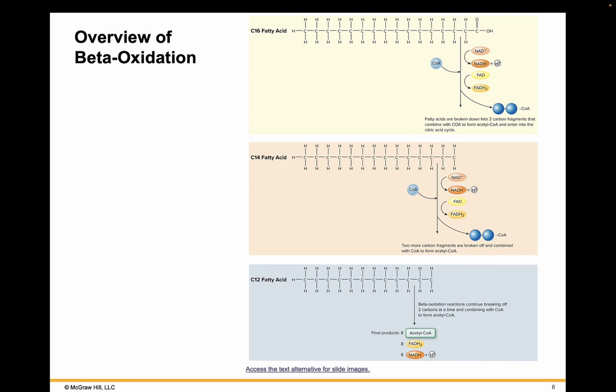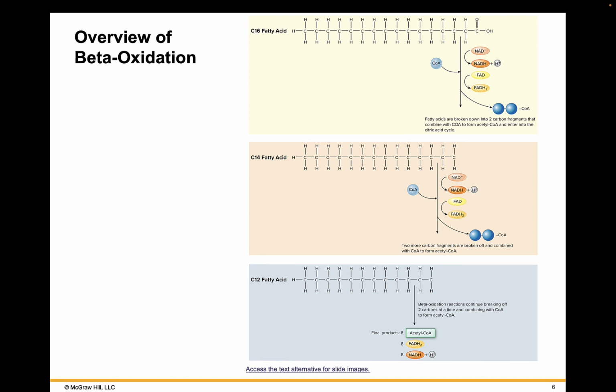Then with a 14-carbon fatty acid, 2 more carbon fragments are broken off and combined with CoA to form acetyl-CoA, along with the electron transport molecules. Beta oxidation reactions continue breaking off 2 carbons at a time and combining with CoA. So with this 16-carbon fatty acid, we have 8 acetyl-CoA, 8 FADH2, and 8 NADH plus corresponding hydrogen ion.